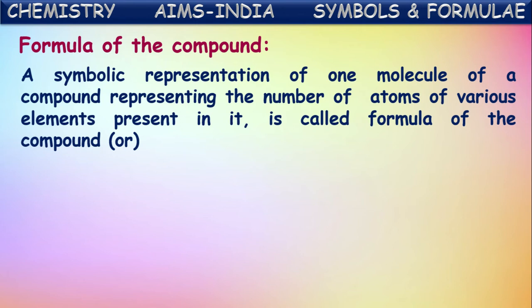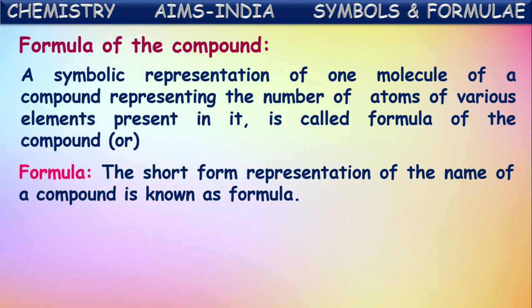For elements, the shorthand representation of the name of an element is its symbol. In the similar way, the shorthand representation of the name of a compound is its formula. This formula represents the number of various kinds of atoms present in the molecule of that compound. So this can also be defined as: the short form representation of the name of a compound is known as the formula of that compound.